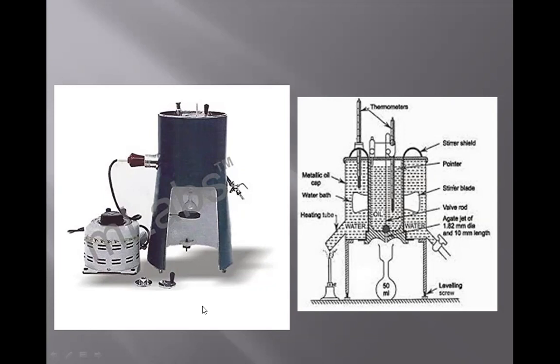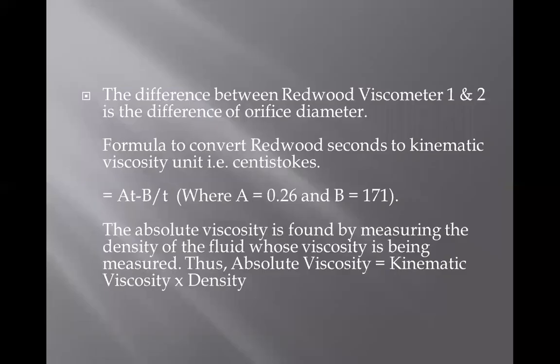The description for the Redwood viscometer is given in the next slide, but these are the pictures of the actual viscometers which are used in laboratories and in industry. Now, the difference between Redwood viscometer 1 and 2 is the difference of orifice diameter.